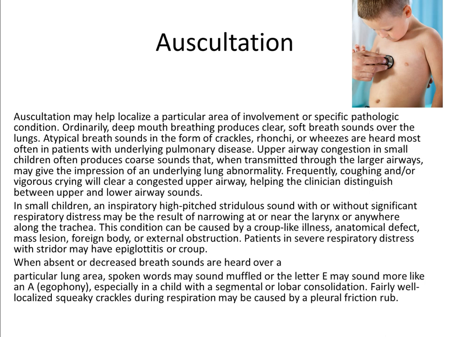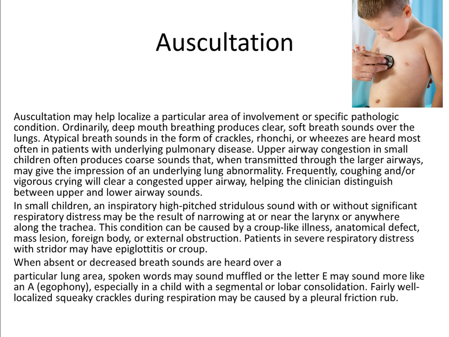Sneezing, coughing, and/or vigorous crying will clear a congested upper airway, helping the clinician distinguish between upper and lower airway sounds. In small children, an inspiratory high-pitched stridulous sound with or without significant respiratory distress may be the result of narrowing at or near the larynx or anywhere along the trachea.